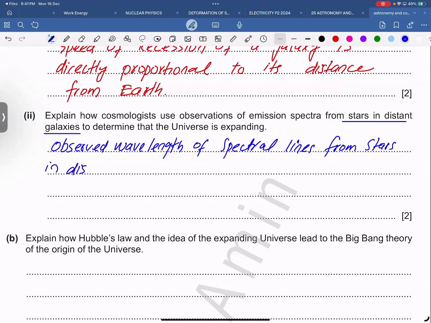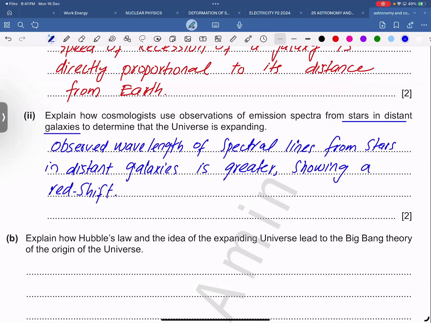Stars in distant galaxies is greater, showing a redshift. So stars are moving away from Earth.